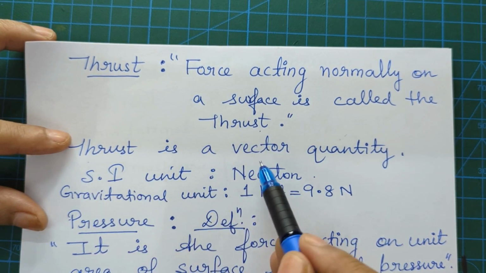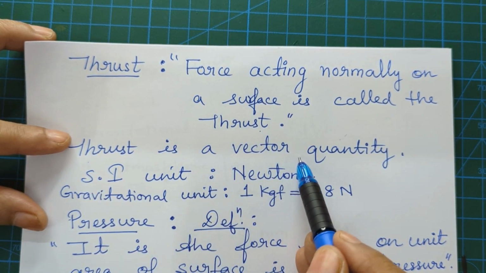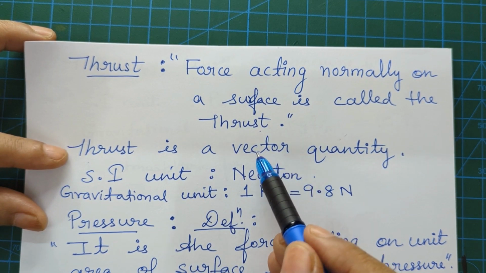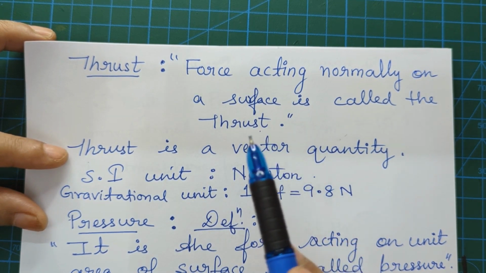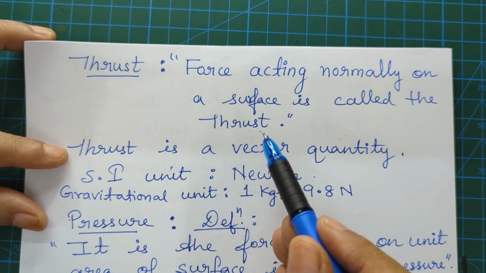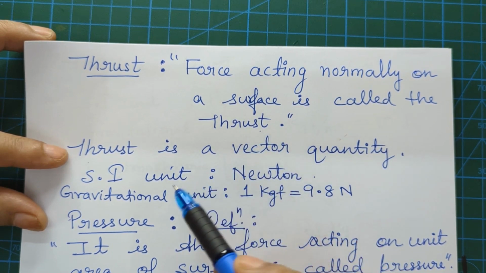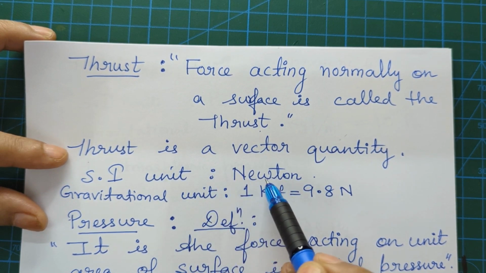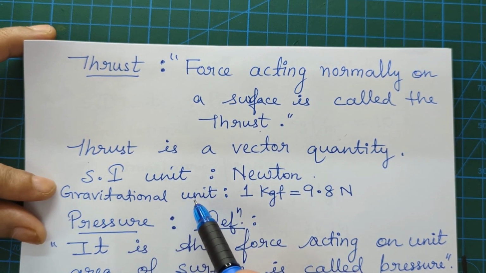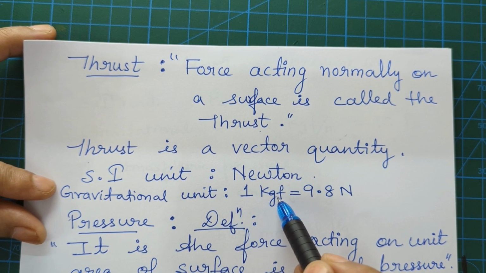Since thrust is a force, it is a vector quantity. And what are the units in which this perpendicular force can be measured? This perpendicular force can be measured in terms of SI unit, in terms of Newton, or in terms of gravitational unit as kilogram force.